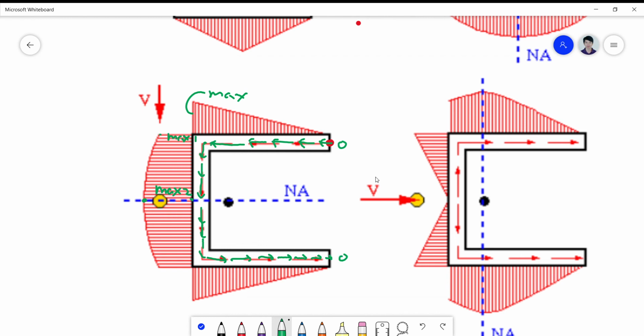Okay, so if I have a horizontal force directed towards the right, then my shear flow path will start at 0 at this point, then it increases until it reaches a value here which is a maximum, then again another maximum value there, maximum 1 and maximum 2 here, okay, at the neutral axis, then suddenly decreases until it reaches 0 there.